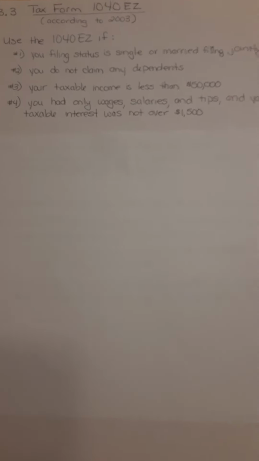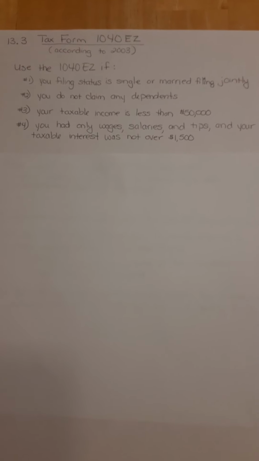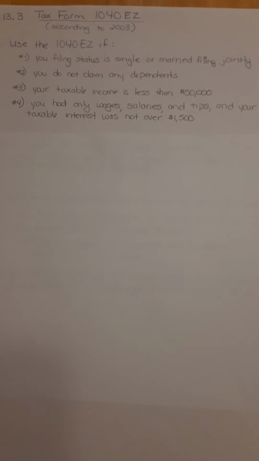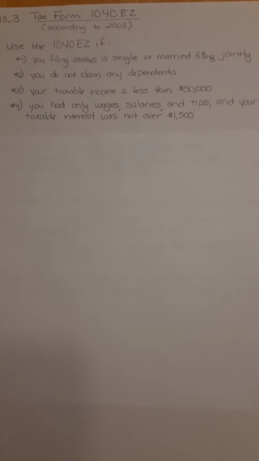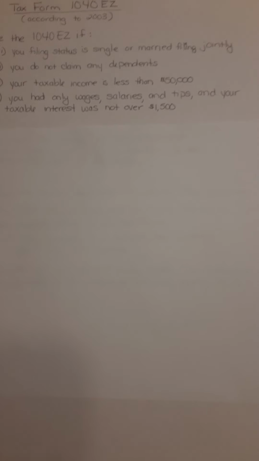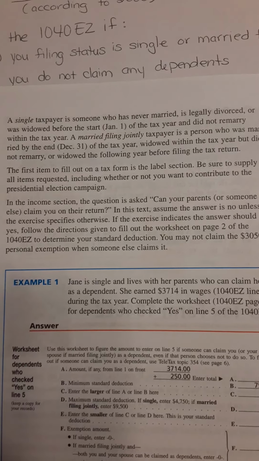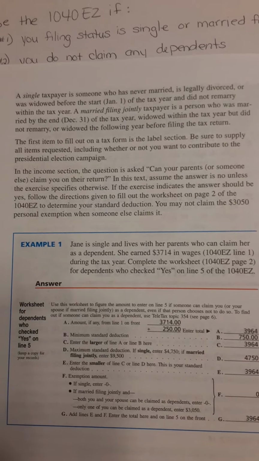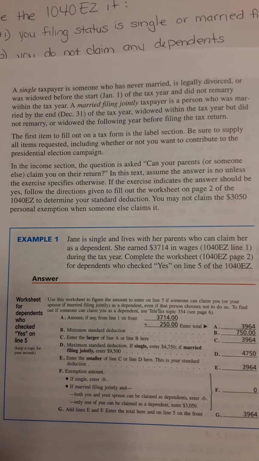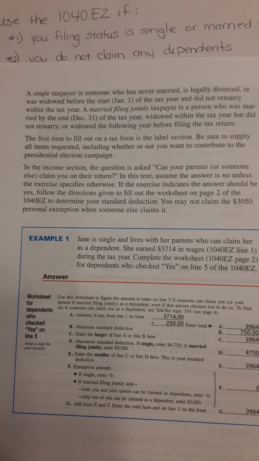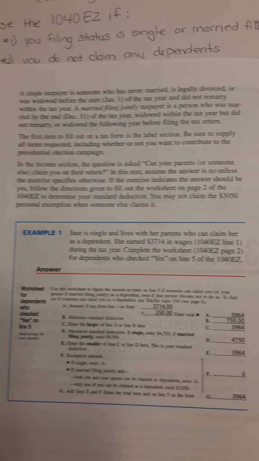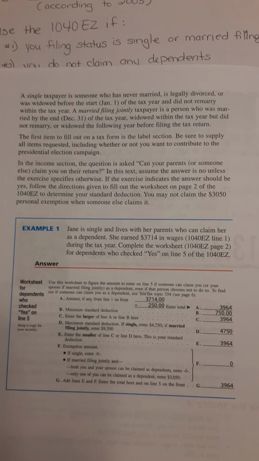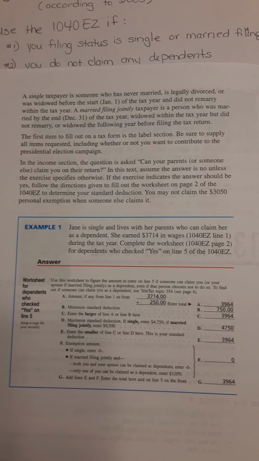If you look in your textbook, in this lesson on the top of page 498, it says a single taxpayer is someone who has never married, is legally divorced, or was widowed before January 1st of the tax year and did not remarry within the tax year. So that is what a single taxpayer is.